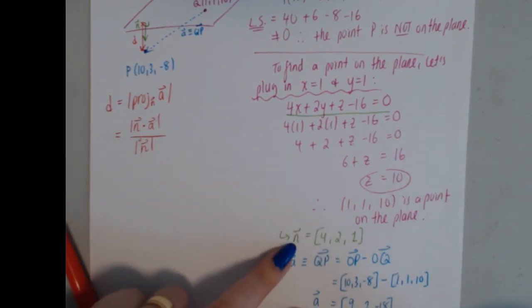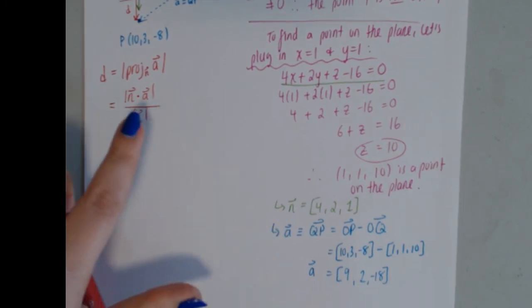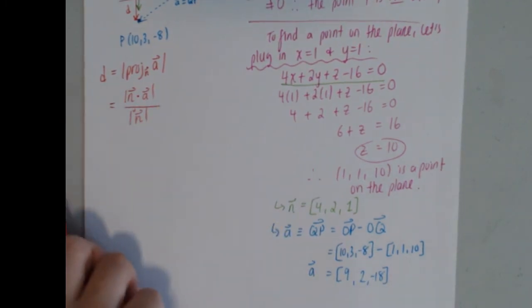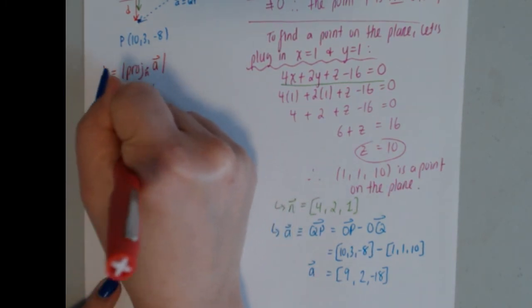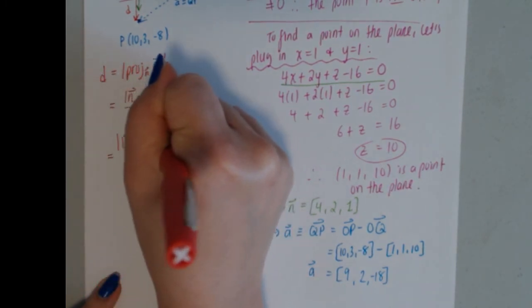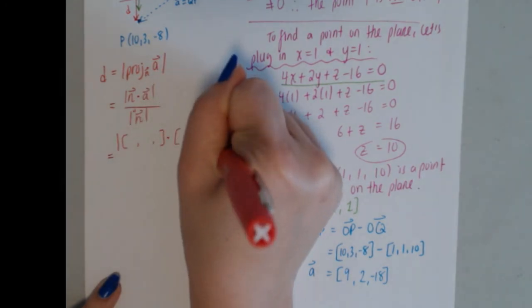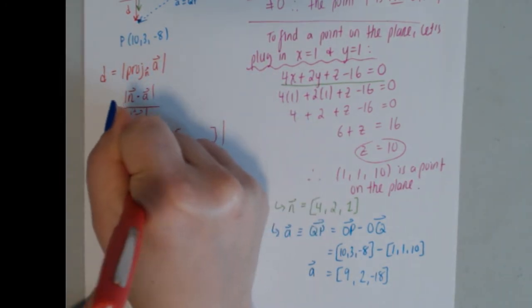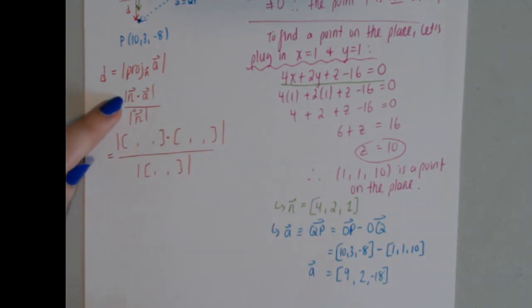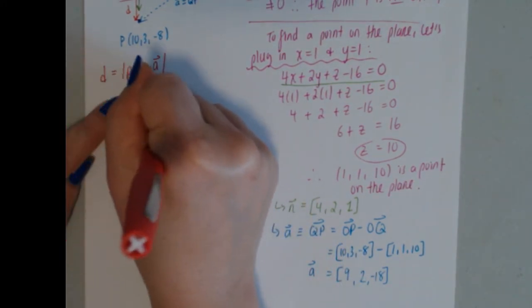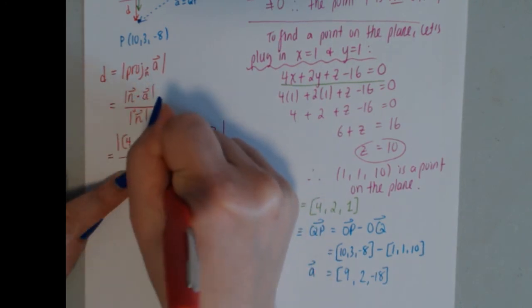Using A and N, I'm going to plug into the formula for projection and distance. So N dot A is a vector dotted with a vector, divided by the magnitude of another vector. Here I have N, so 4, 2, 1, and that also goes in the denominator, 4, 2, 1.